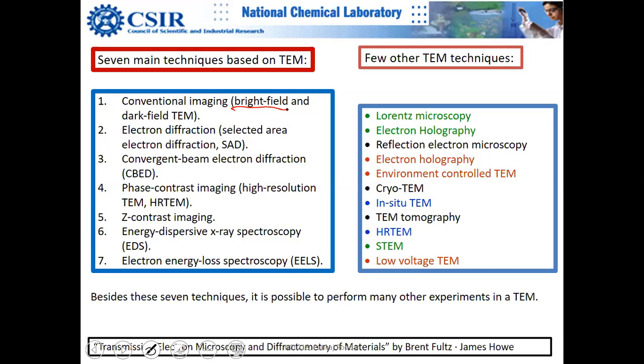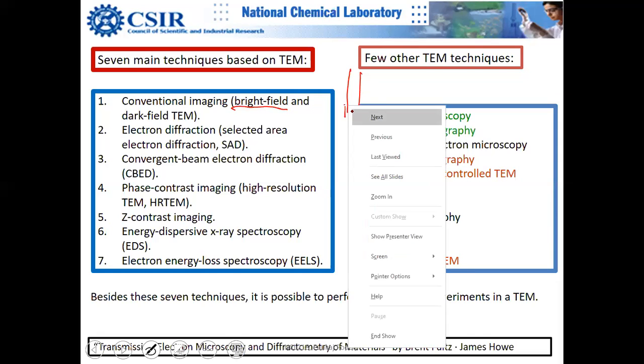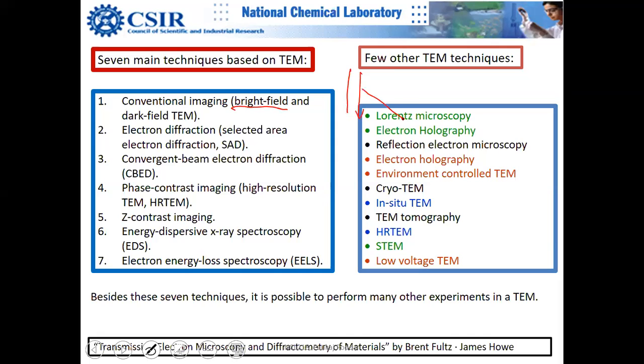Right? So the electrons which are coming straight, and some will be diffracted off. So in normal bright field, you collect the electrons which are coming straight. Some of them are blocked.